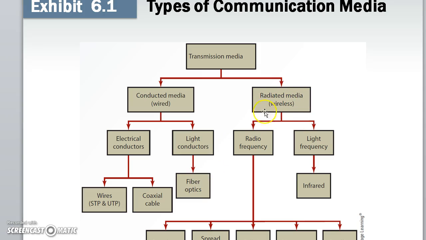In terms of wireless, we have the radio frequency signal and the light wave signal, which uses infrared. Also, in terms of the radio frequency signal, we have cellular, microwave, satellite, broadcast, and spread spectrum.